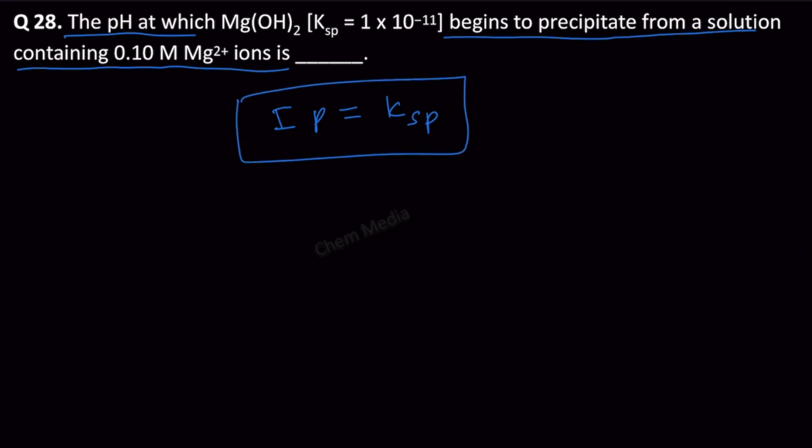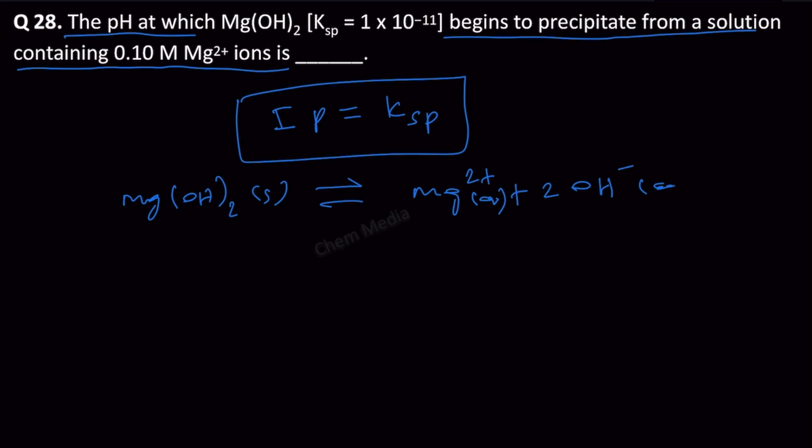So we know that magnesium hydroxide solid would dissociate as Mg2+ plus 2 OH- in the aqueous medium. If the molar concentration of magnesium hydroxide is S, then the molar concentration of Mg2+ is S, and the molar concentration of OH- is 2S.